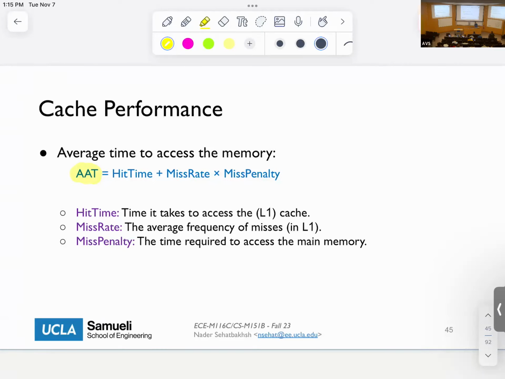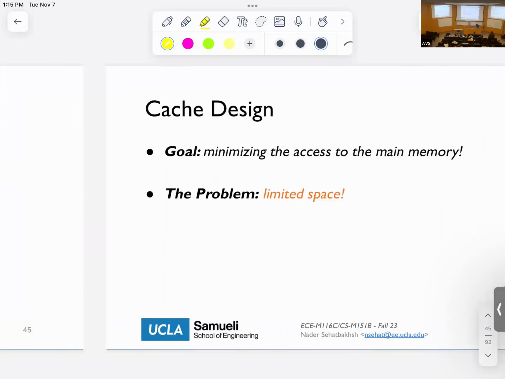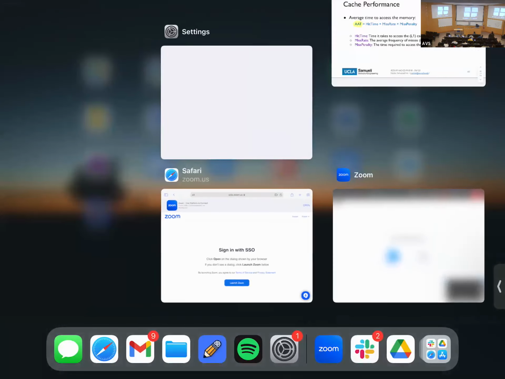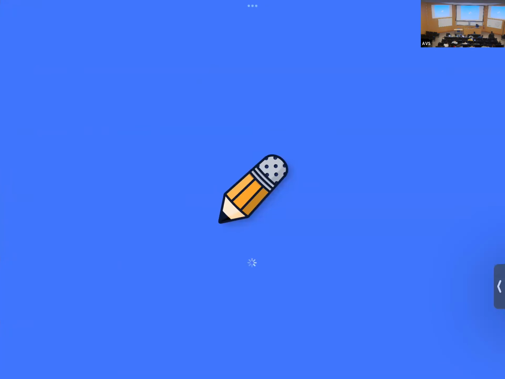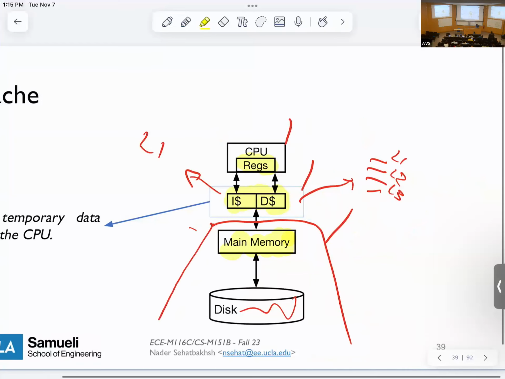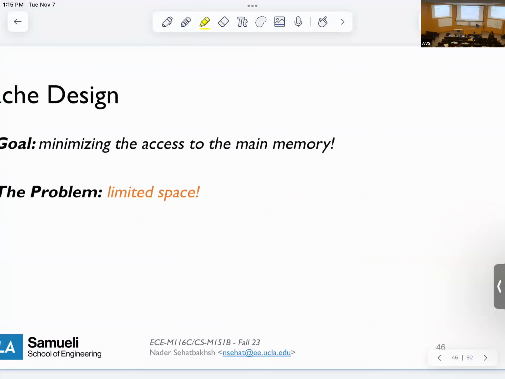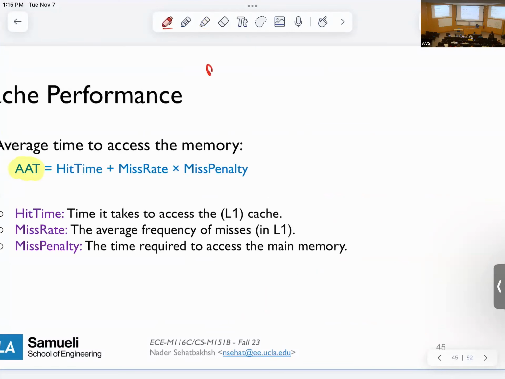Okay, so assuming that we are going with the simple design of having only CPU, cache, and main memory. All right.